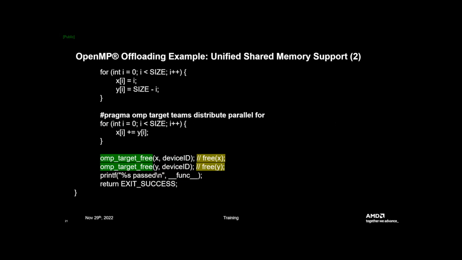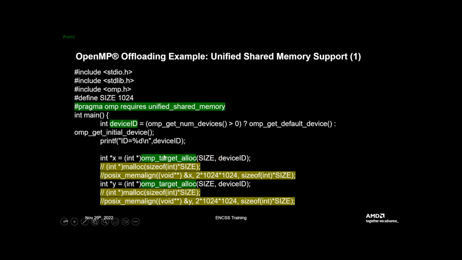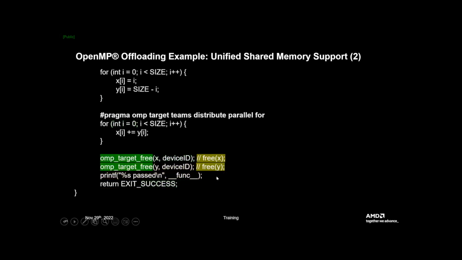More and more, in the near future, I think people will, instead of using OMP target alloc, just use the code as it is, a simple malloc and a simple free, to do unified shared memory.